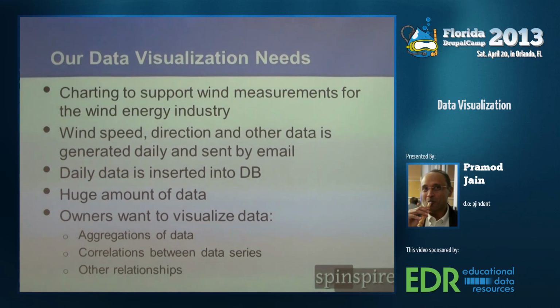All right. A quick background on our visualization needs. We're looking at wind measurements, and all this happens before a wind project gets put in. These are wind farms, these are wind turbines generating energy.